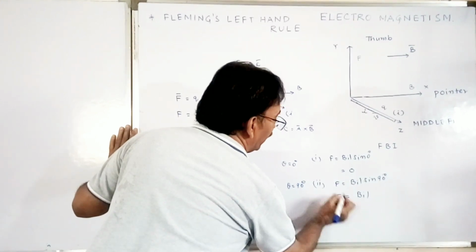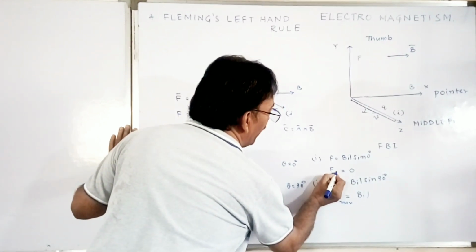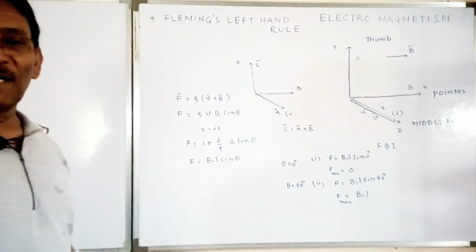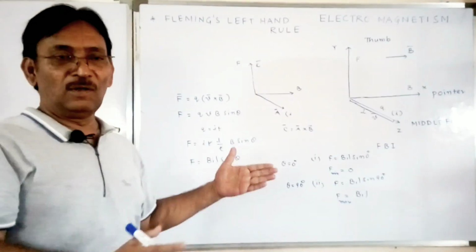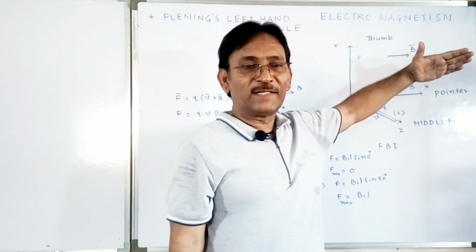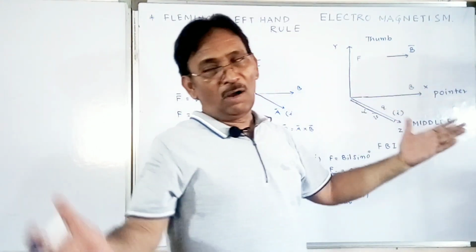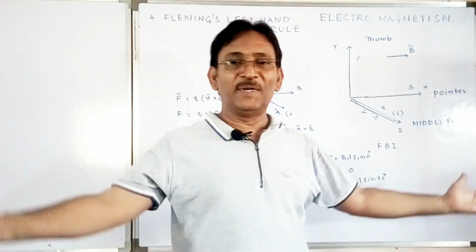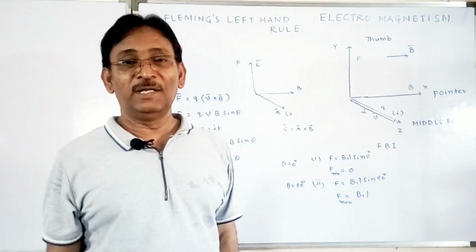In this way, we can find the minimum and maximum force when a conductor in which current is flowing is kept perpendicular or parallel to the magnetic field, or at any angle, maybe 0, 90 or 180.